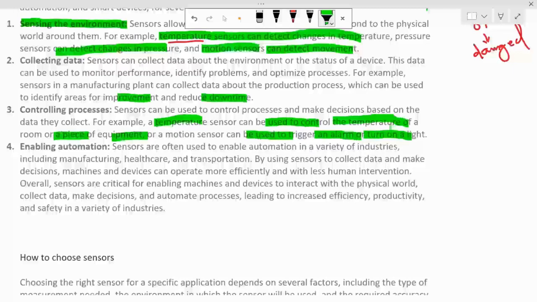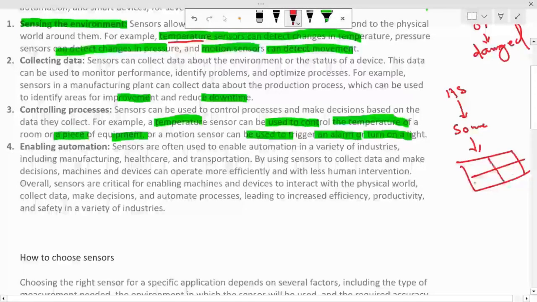So let's say you are making a home security system. In a home security system, what you want is, if someone gets near your windows or your door, let's say after 12 o'clock at night, then the alarm should ring.